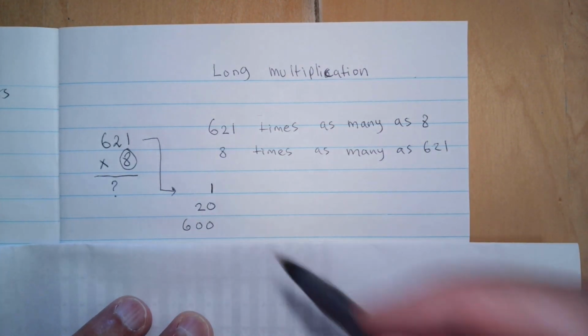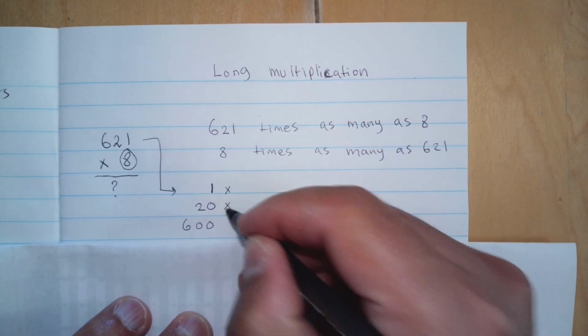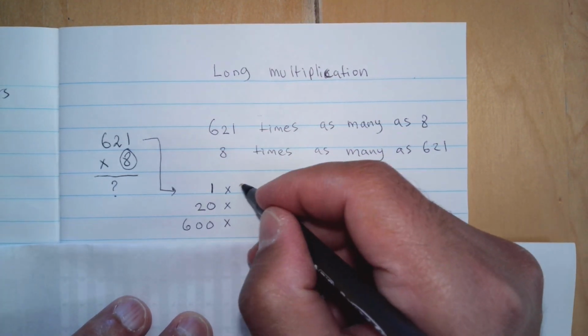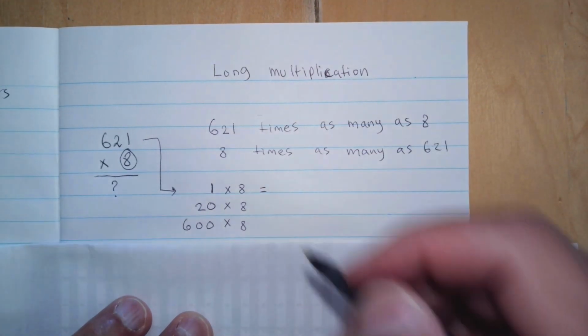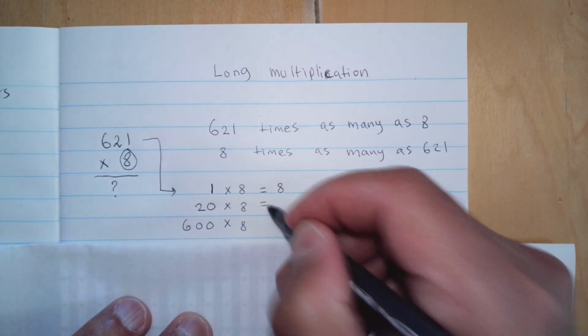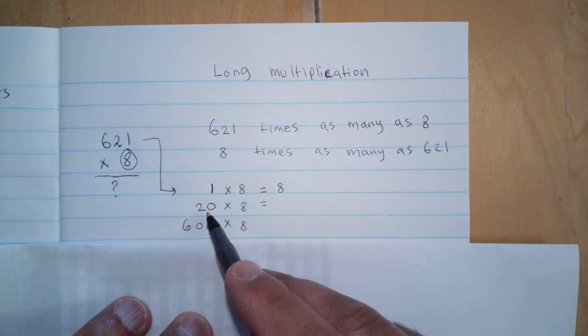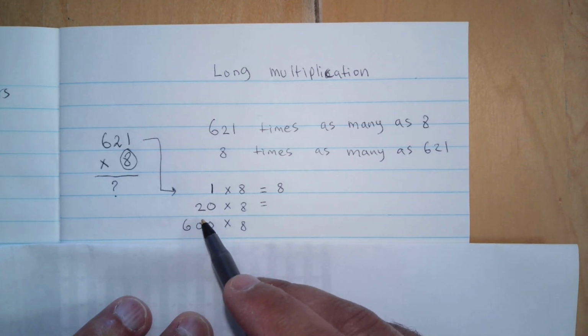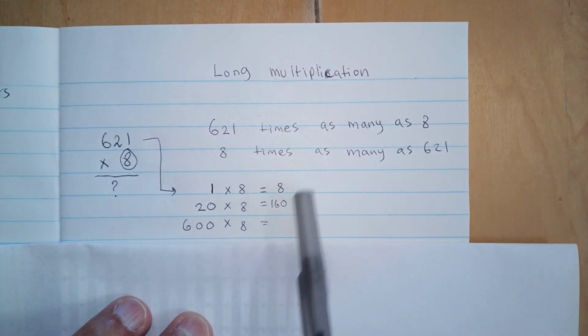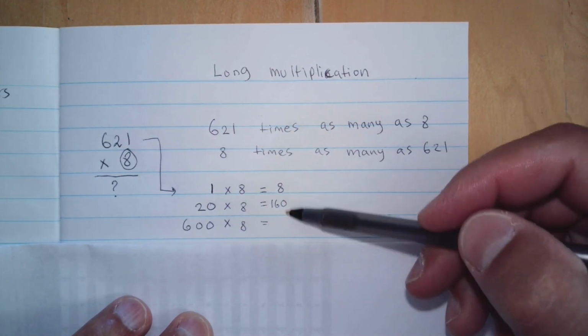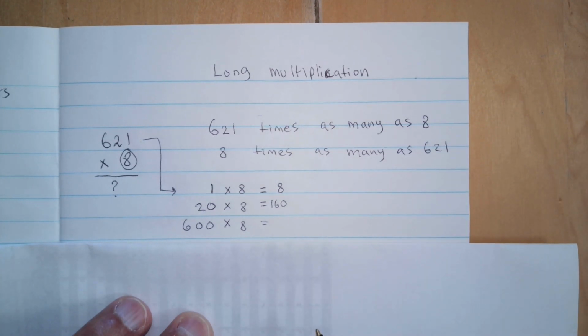Now I need to multiply each of these numbers by the factor 8, and that is going to get me to the answer. So 8 one time is 8. 8 twenty times, think about it, 8 two times is 16, so 8 twenty times would be 160. And it's very important that we keep the digits lined up based on their place value.